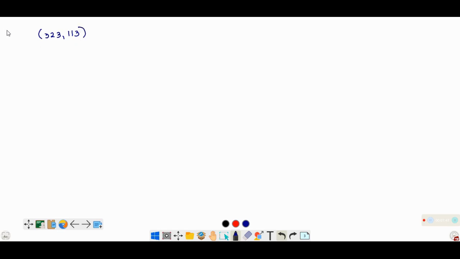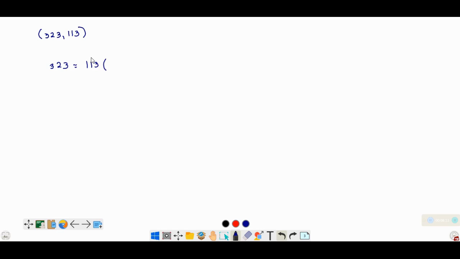Okay? For the GCD, let's take the greater number and write it as a sum of the smaller number times their quotient plus the remainder. So 323 divided by 113.